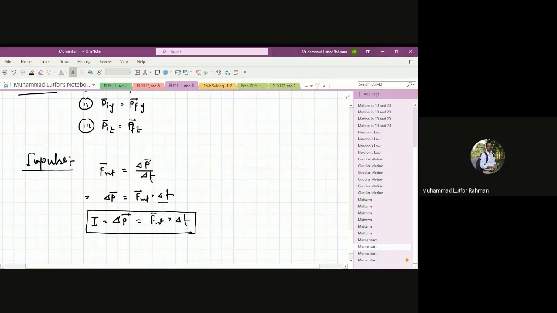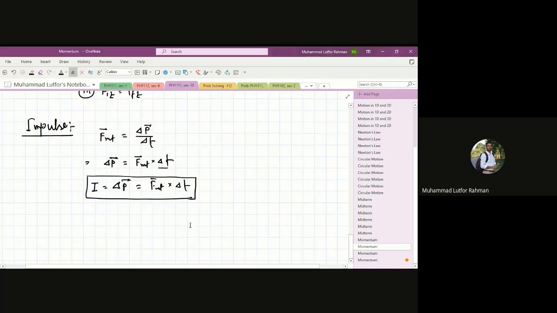So that means if you apply a huge force, and why this huge force, I'm coming to that point, then due to that force the momentum of the system is going to change. We can write that change of momentum, del P, as PF minus PI, and we can also write it as F into del T. Sometimes we express it in that form.